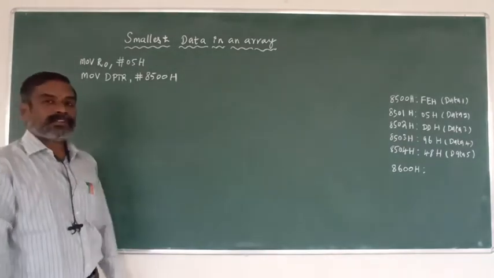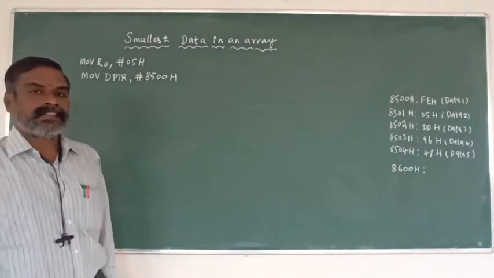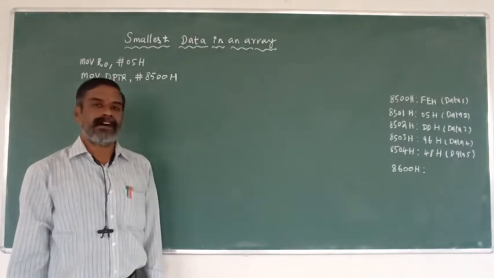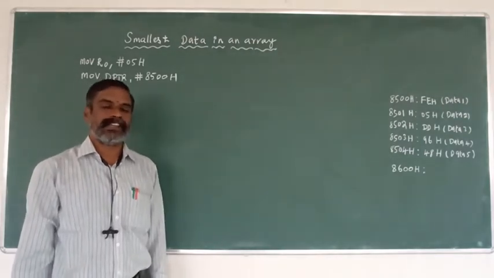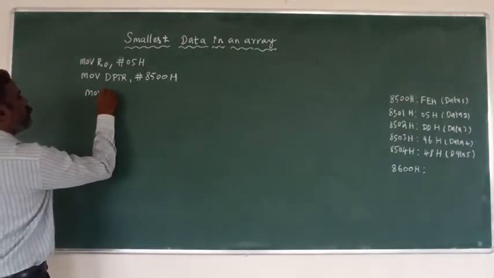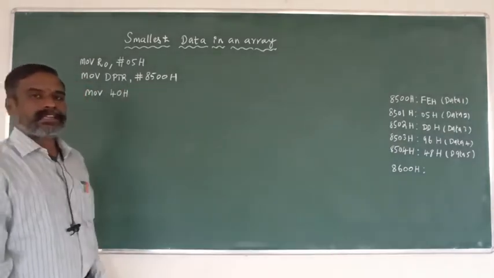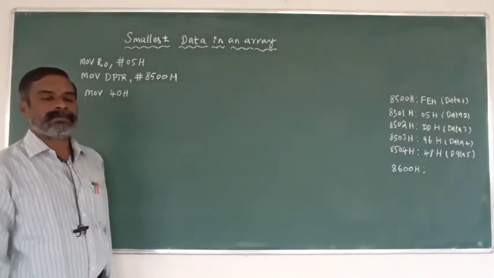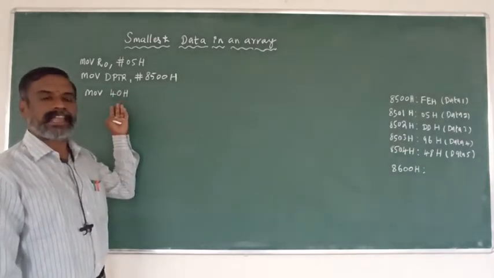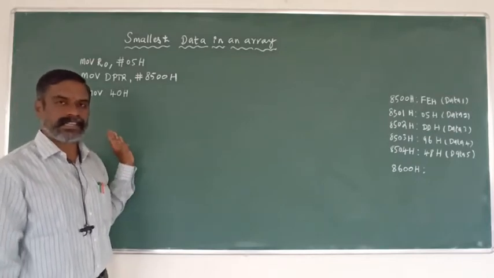Okay. After that, to initialize the 8-bit internal memory. In that memory, we have to load the maximum data of 8-bit. The maximum 8-bit data is FF. MOV, suppose the address is 40H, internal 8-bit memory. We can initialize any 8-bit memory, either 40, 50, 60, 70, like that.